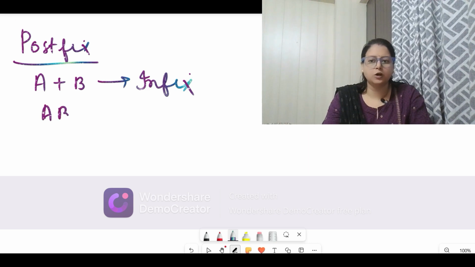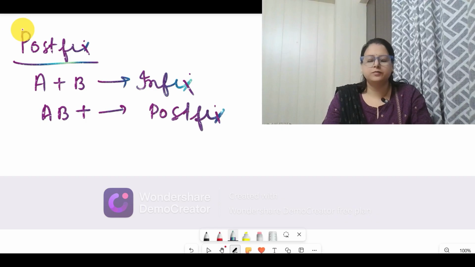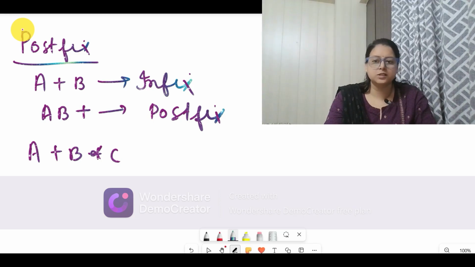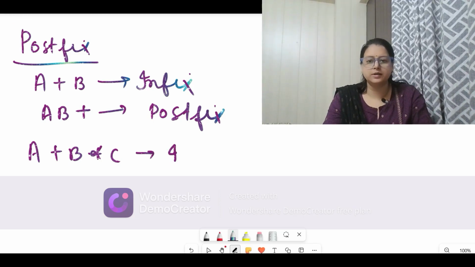That means first we write both the operands, and at last we write the operator. This is our postfix form of the same infix expression. If we take the combination like A plus B multiplied C, then what will be the postfix expression? First of all, we said all the operands will be at the same place. So this is our infix form. What is the postfix form for this?